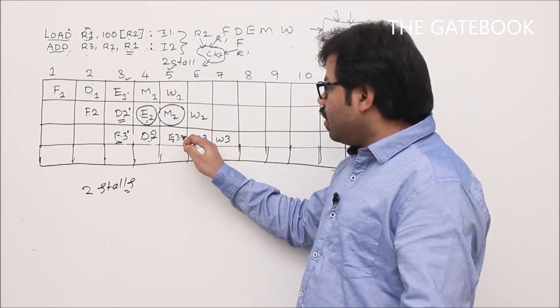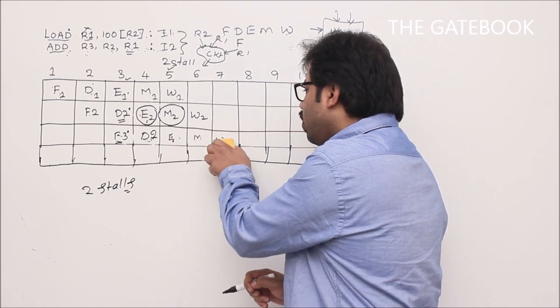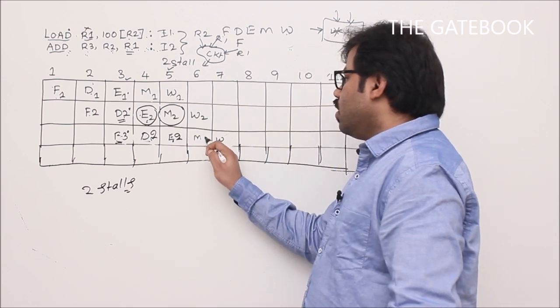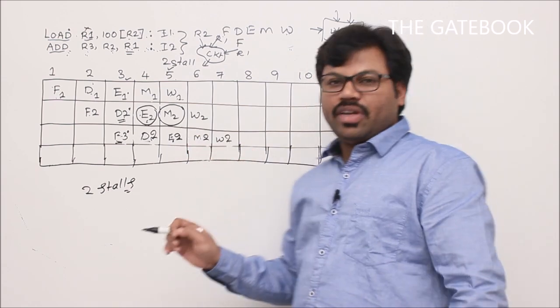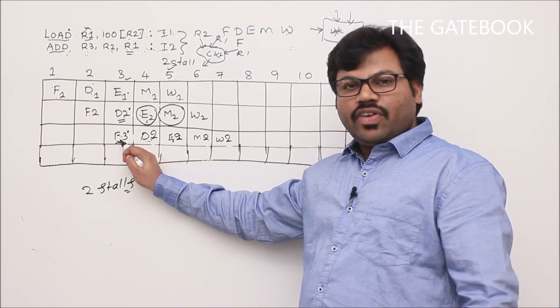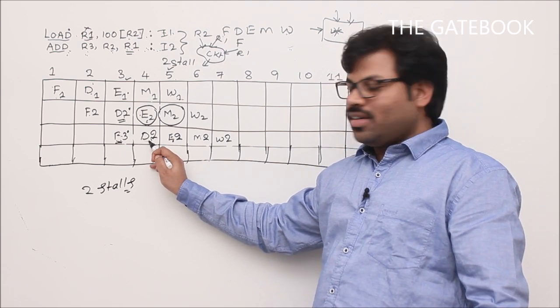Can I change this to E2? Because we are decoding instruction 2 and moving instruction 2 only. This is a correction, because initially we thought it was normal, but it's not. So the third instruction is fetched at the third clock cycle, but the second instruction is decoded.